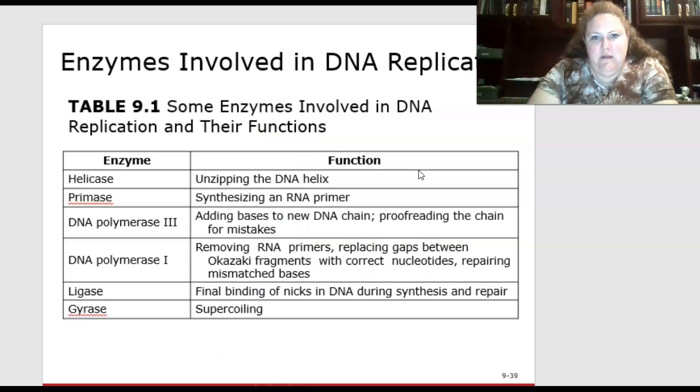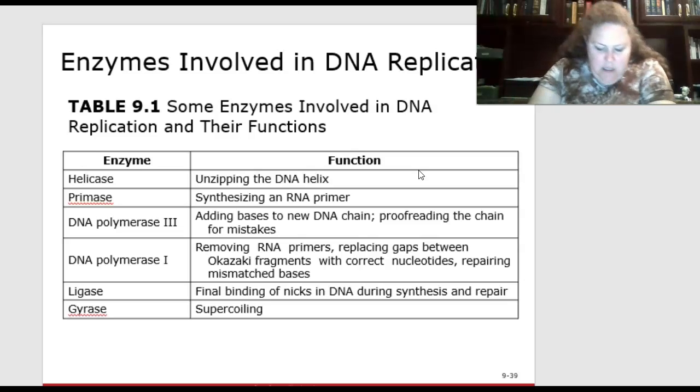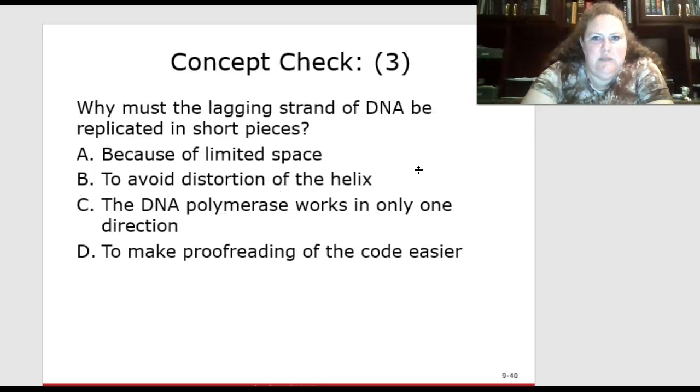So here is a fun little summary for you, and that will help you to learn these things. And so these are some enzymes that are going to be involved in that DNA replication. This is table 9.1, so that you can have them all in a nice little tidy bunch.